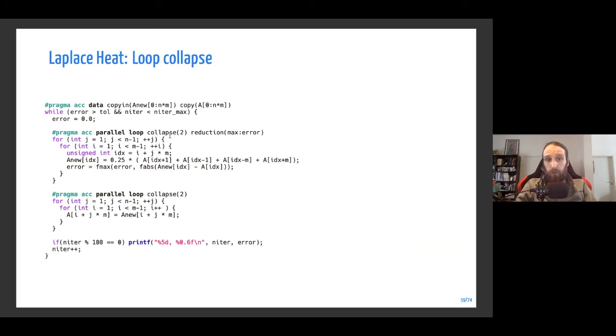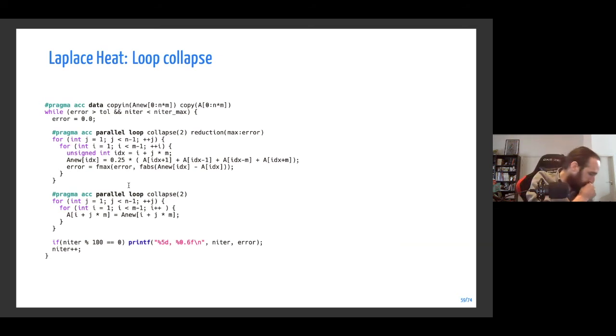What is very important when you use the collapse clause is that there should be no code between the two declarations of the loops. In this case, we have two for loops that are tightly nested, so it's perfect for the collapse. If you put some code between the two, it will not work. It's not legal. You need to have tightly nested loops in order to use the collapse clause.